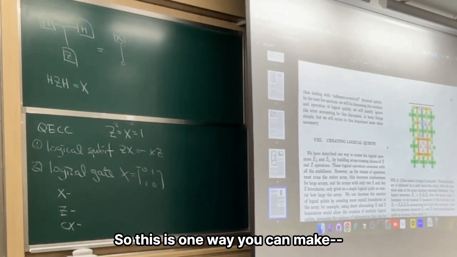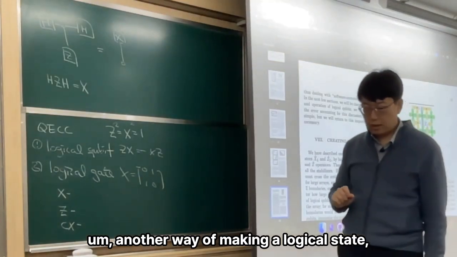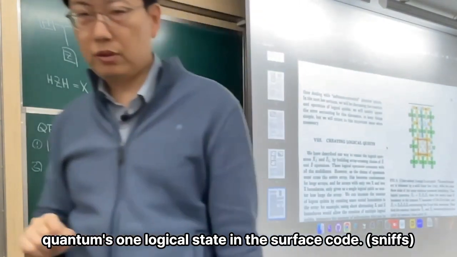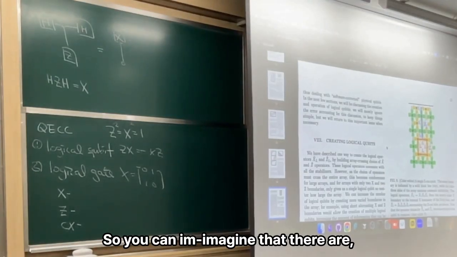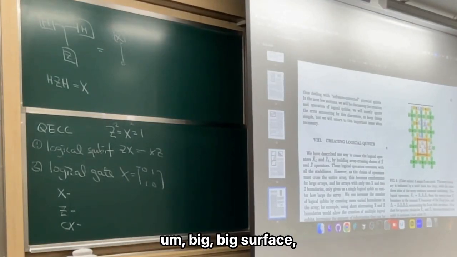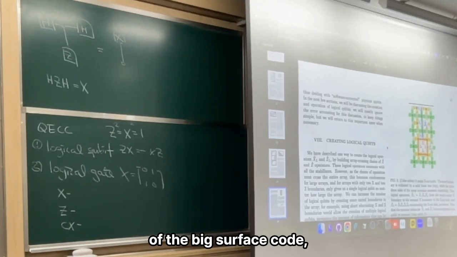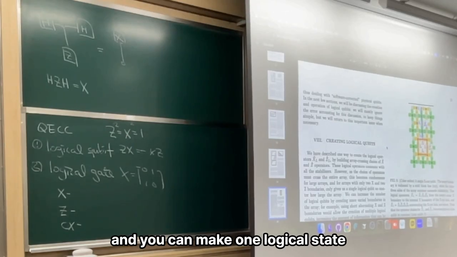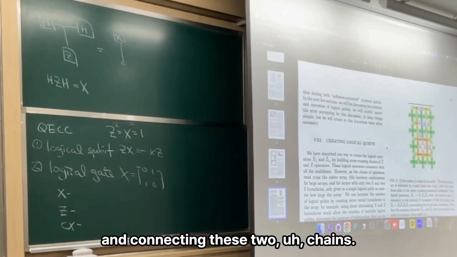Okay, so this is one way you can make one logical state in the surface code. You can imagine that there is a big surface. This is only a partial picture of the big surface code, and you can make one logical state by making one small hole nearby the boundary and connecting these two chains.